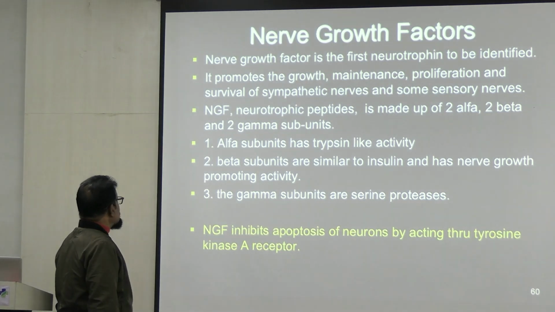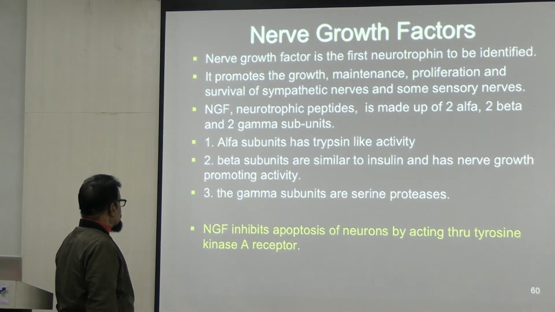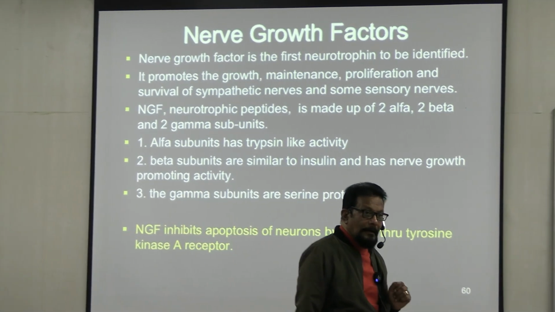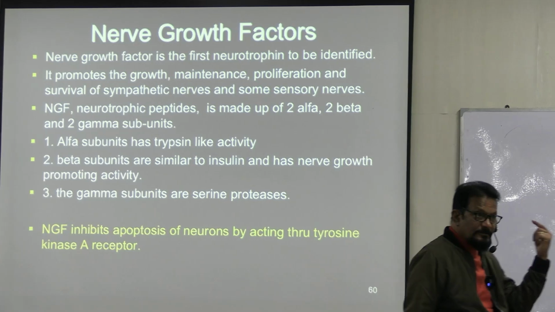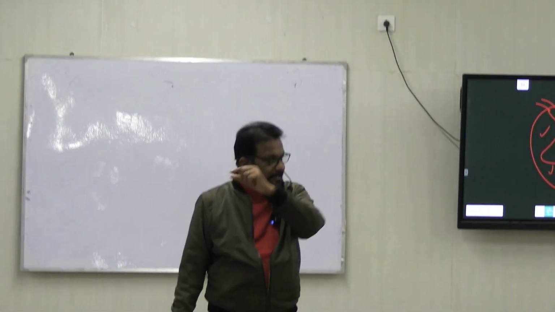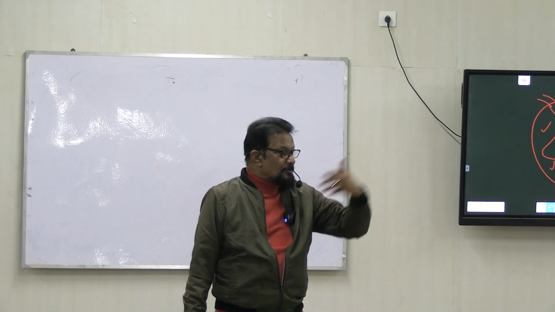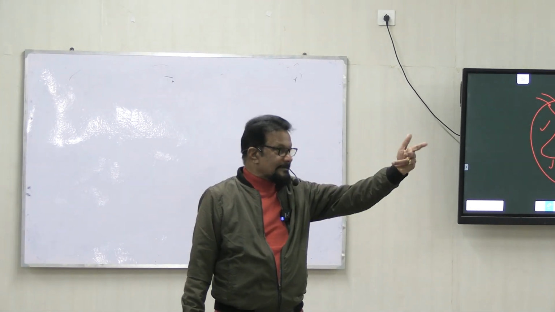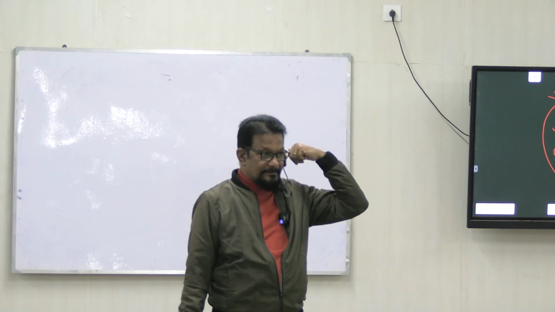Nerve growth factor is a neurotrophic peptide made up of 2 alpha, 2 beta and 2 gamma chains. These are proteins, so they are made up of amino acids remaining in peptide bonds. So we find 2 alpha peptides, 2 beta peptides and 2 gamma peptides.